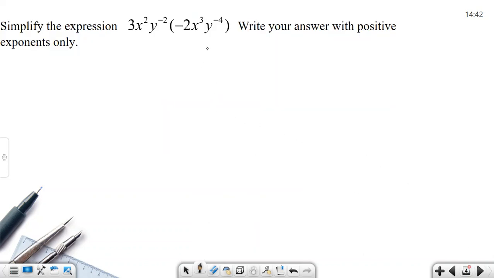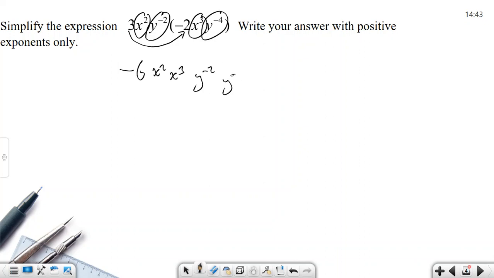Simplify the expression. How can we simplify it? There is a multiplication: 3 times minus 2 is minus 6. Then there is x squared multiplied by x cubed, y to the power of minus 2 multiplied by y to the power of minus 4. What is the idea? When we have the same base, minus 6, x squared multiplied by x cubed, we add the exponents, 2 plus 3, x to the power of 5.